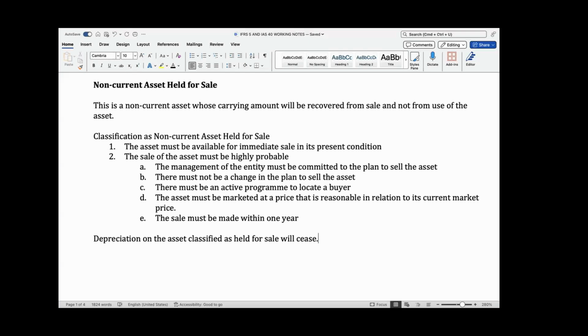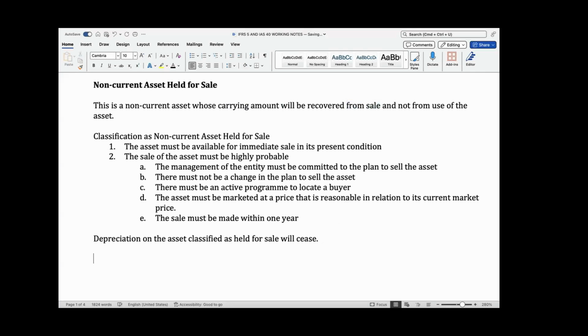You don't have to allocate any cost anymore. And the money you're going to make from the asset will be recovered from sale and not from use. So the issue of matching income with costs will not even arise anymore. So depreciation is not necessary, based on principle, for a non-current asset held for sale.